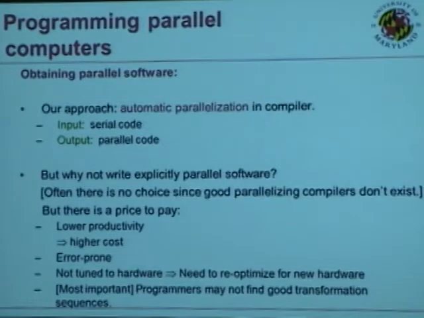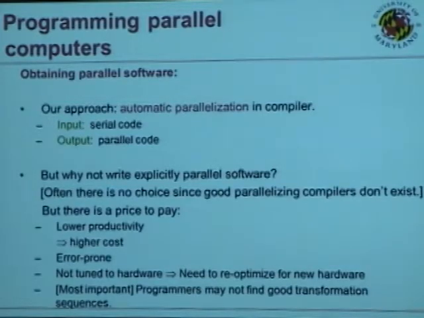That is true if you're talking about a really skilled programmer who's steeped in parallel computation and knows about all the issues. However, if you're not an expert programmer in parallel processing, the quality of the code you will produce will probably be quite suboptimal. And the reason is finding these transformation sequences.